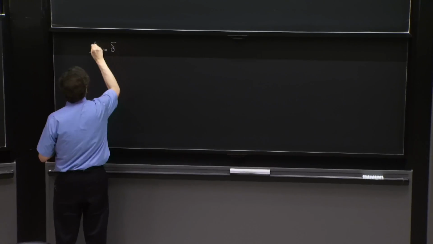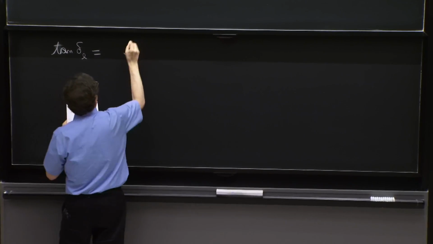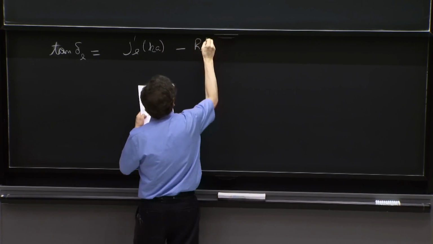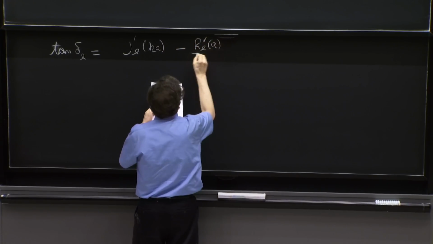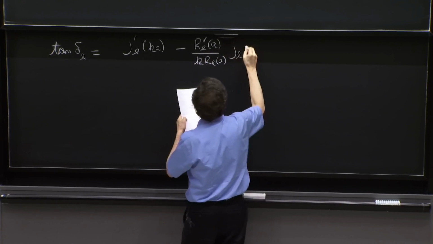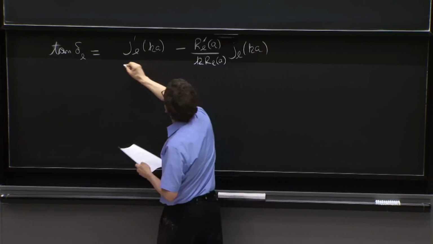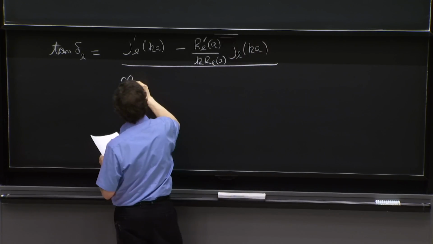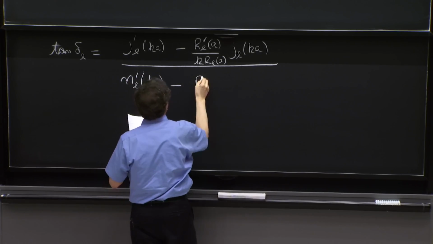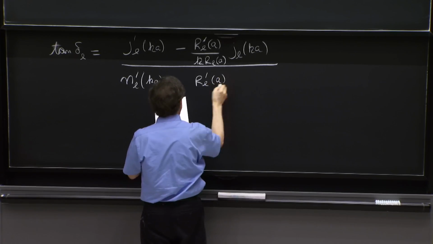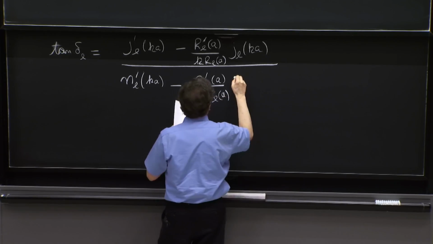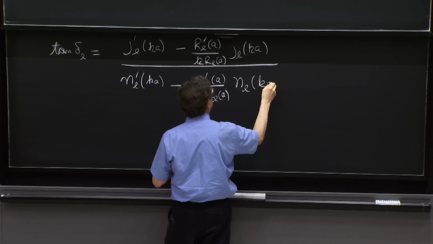Tan delta_L is equal to j'_L at ka minus R_L prime at a over k R_L of a, times j_L at ka, over n'_L at ka minus R_L prime at a over k R_L at a, that same constant, times n_L of ka.